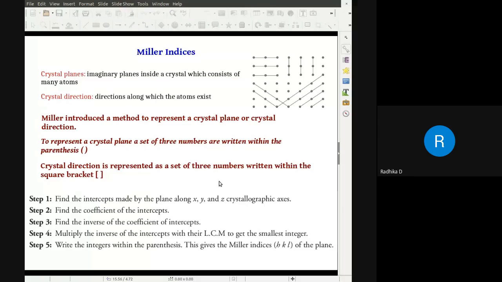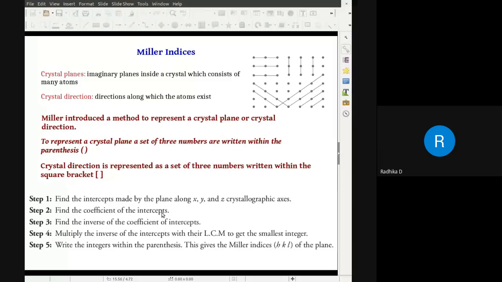Suppose I take a crystal structure and there is this so-called imaginary crystal plane. We find out at what distance on the x, y, and z axes this plane is intersecting. So I'll get the value of the intercept. I'll give you an example in the next one so you will understand it.